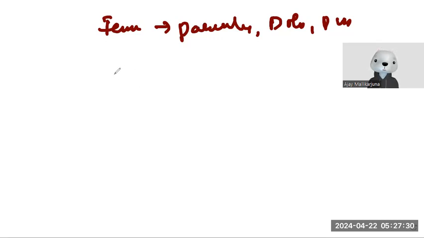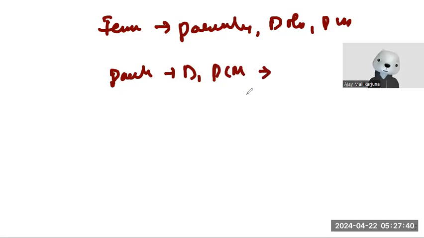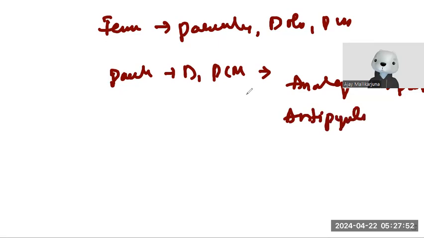This paracetamol, Dolo 650 or PCM, what type of classification is it? It is an analgesic, it will cure the pain. It is also an antipyretic, it will decrease the body temperature.